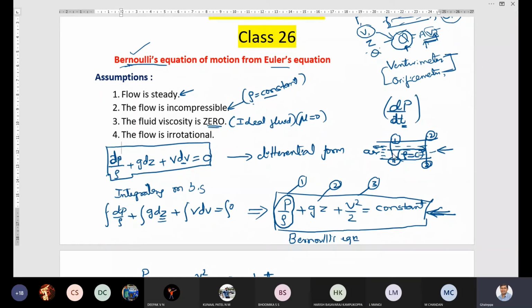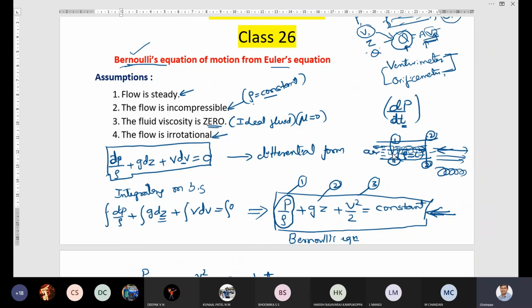And the flow is irrotational. That is the fourth assumption we made. Flow is irrotational means there is no spiral motion. The fluid is flowing linearly, parallel to each other. There is no swirl motion like this. Understood? If you use any pump or blower to supply fluid, then there is a chance of swirl motion.